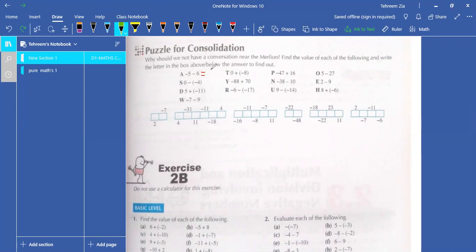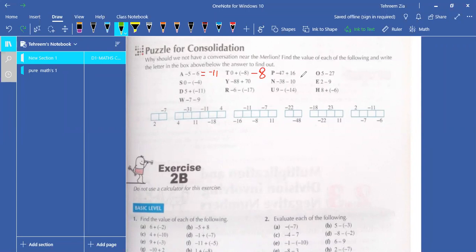Minus 11. Very good. 0 plus minus 8. Minus 8. Minus 47 plus 16.